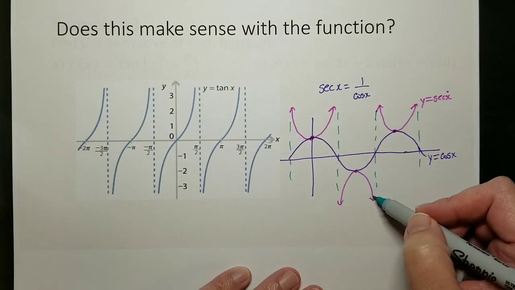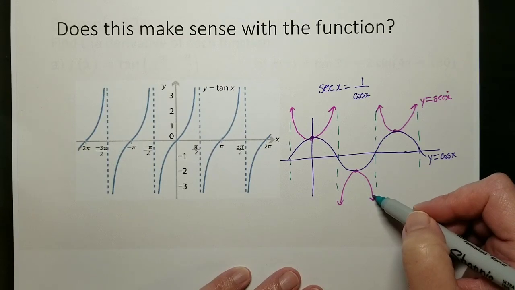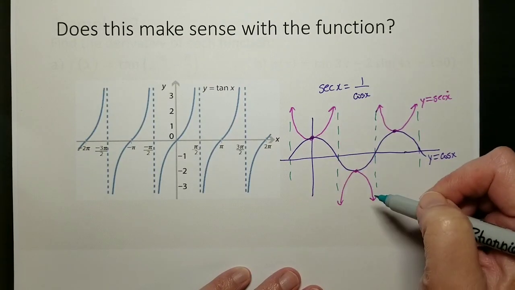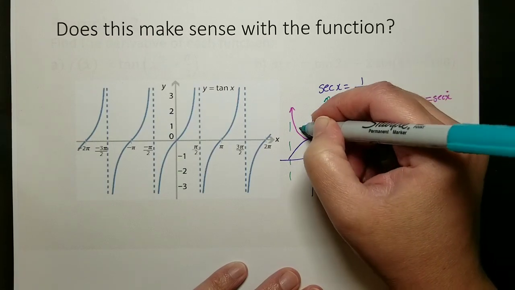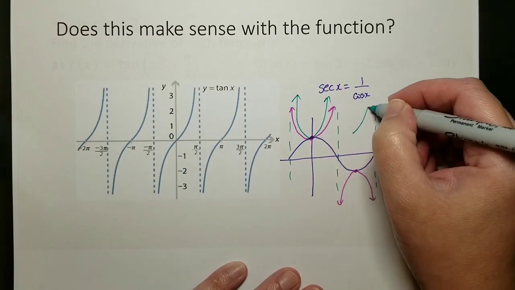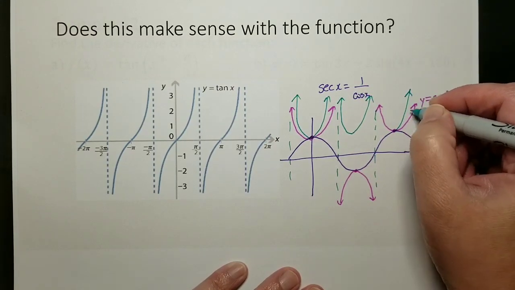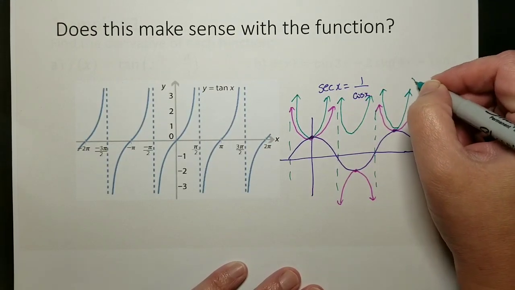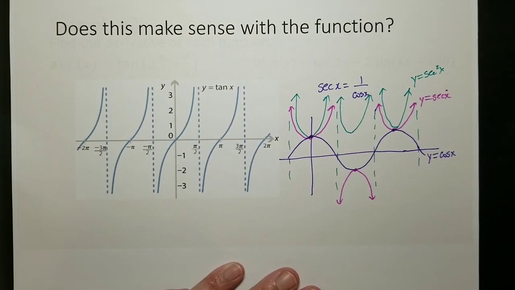What would happen to these ones with a negative, though? Where we have negative y values, when you square those, they're going to be positive. So the secant squared is kind of the same shape, but just all positive. This is a very rough graph, but it gives you the idea of the shape.